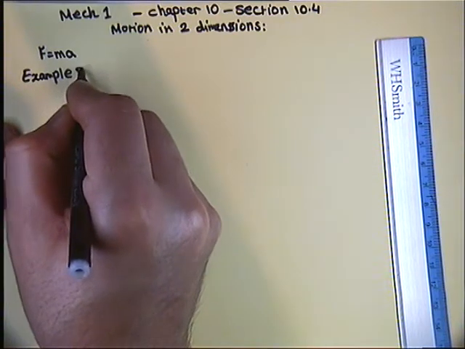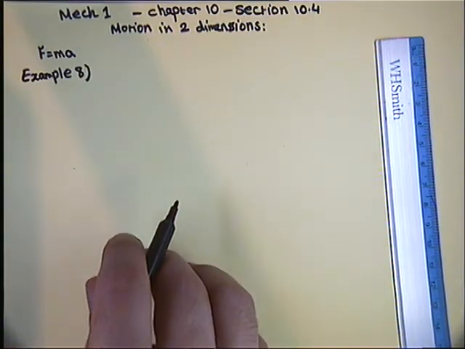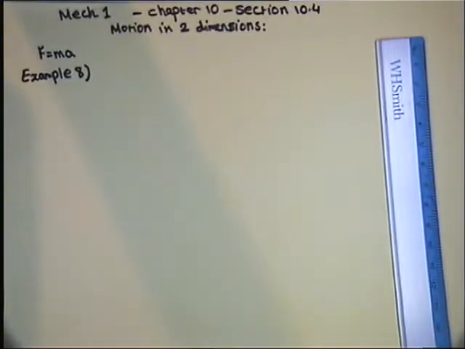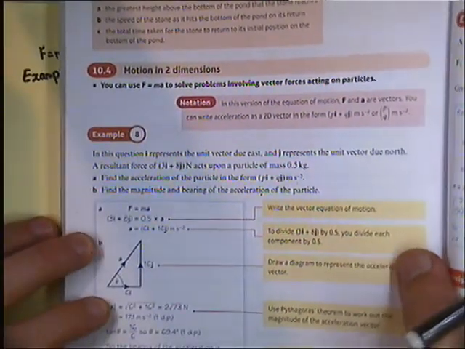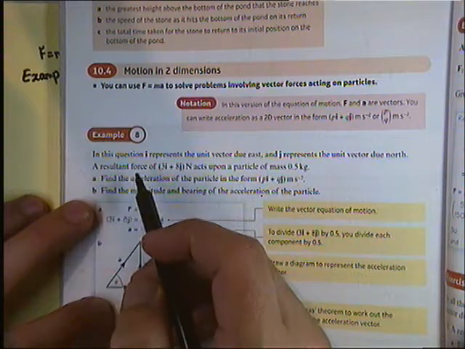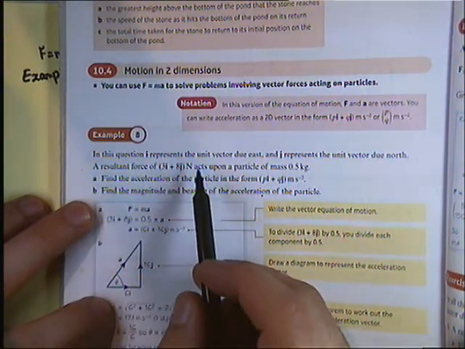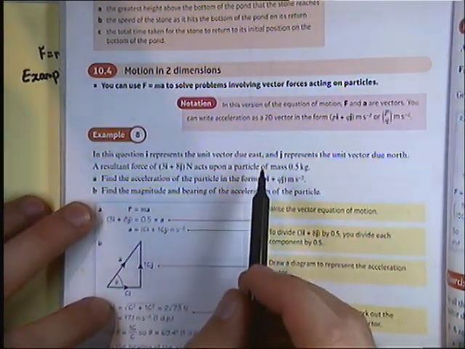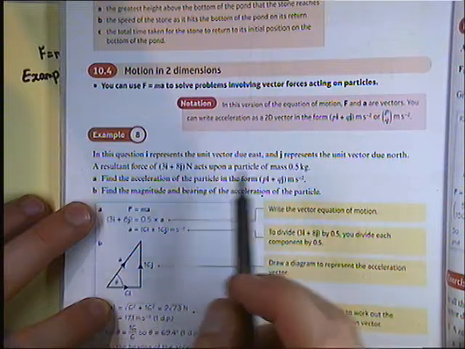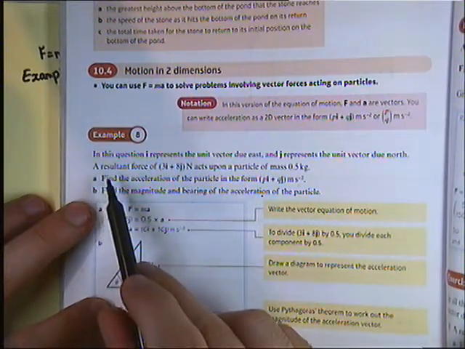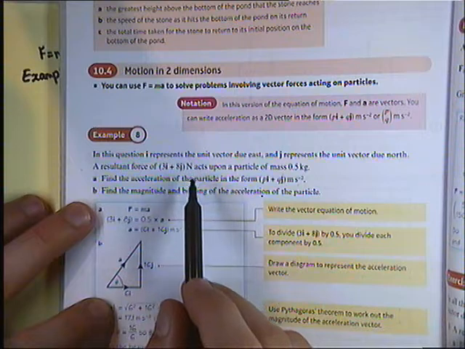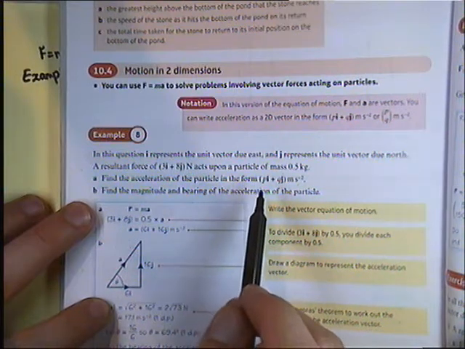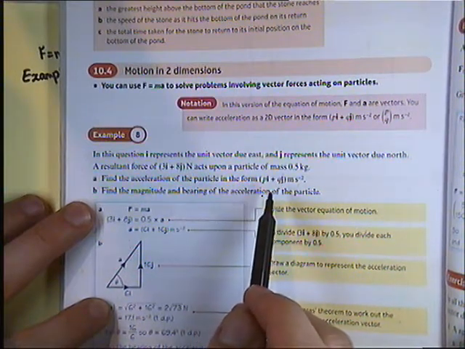Here is example 8. It says, in this question, i represents the unit vector east and j represents the unit vector north. A resultant force of 3i plus 8j newtons acts upon a particle of mass 0.5 kg.